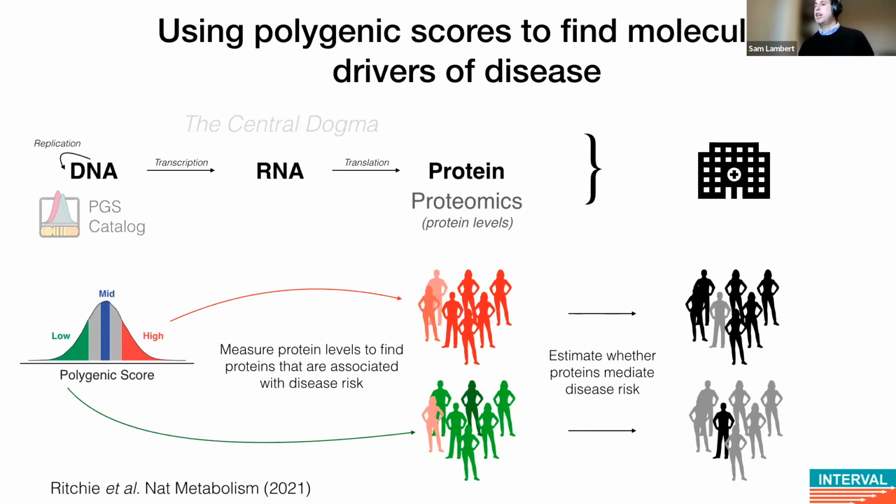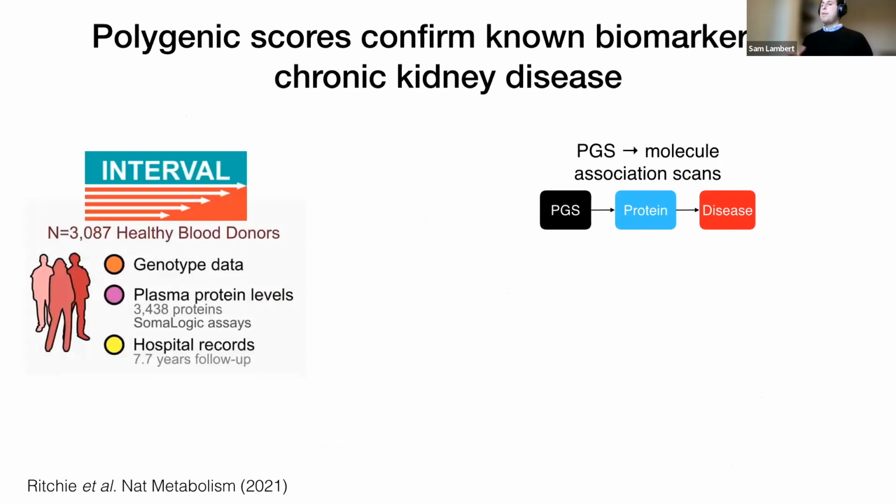A postdoc in the department, Scott Ritchie, led this study that was published last year, where we studied people who don't actually have any of the disease yet, healthy blood donors of the INTERVAL cohort that Amy measured. In this cohort, we had genotype and polygenic scores measured and lots of different protein levels, for 3,500 different proteins, along with hospital records.